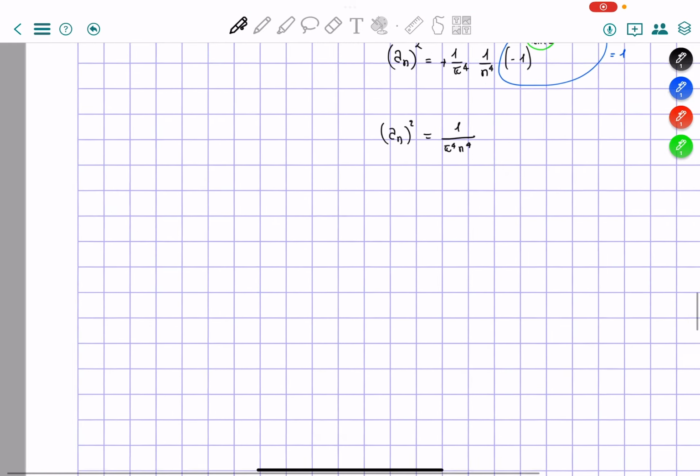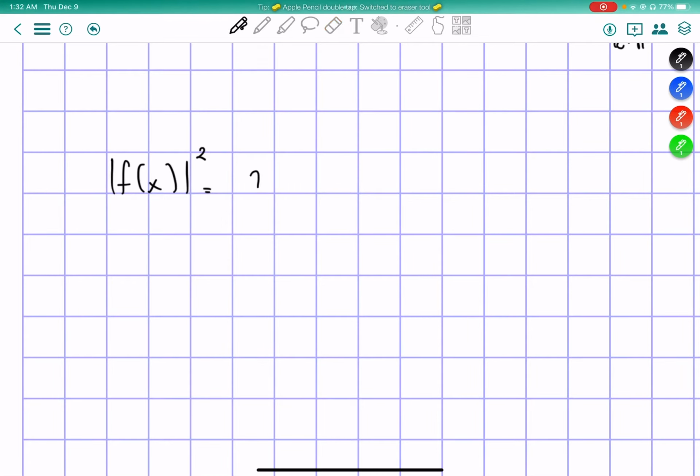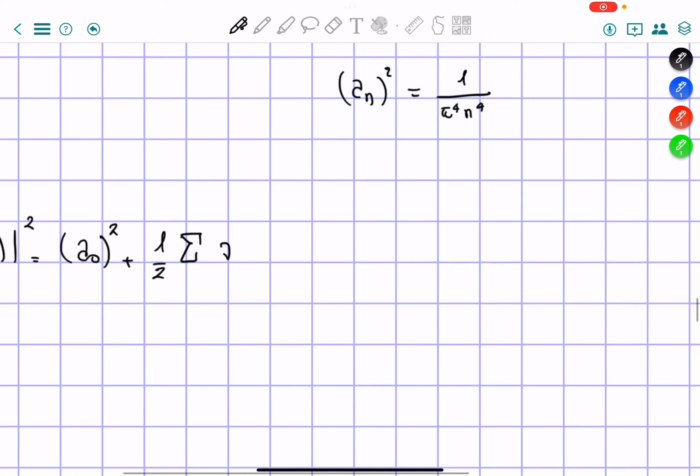Okay, so now we put it all together. We're going to have the integral of |f(x)|^2 equal to a naught squared plus 1/2 of the sum of a of n squared from n equals 1 to infinity.